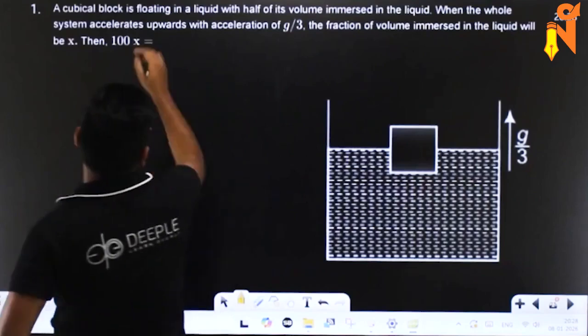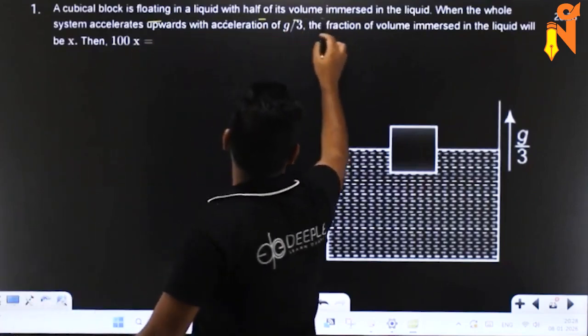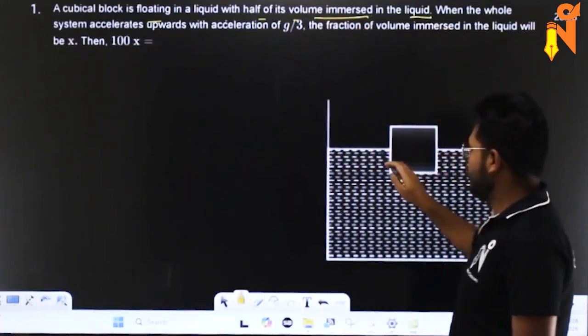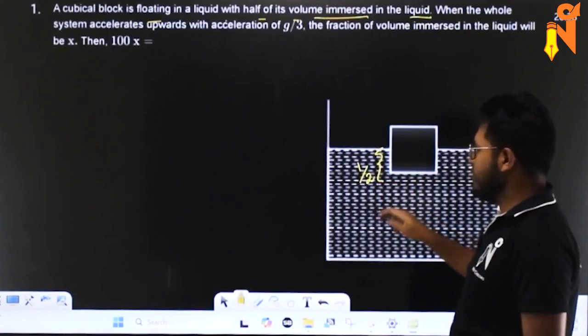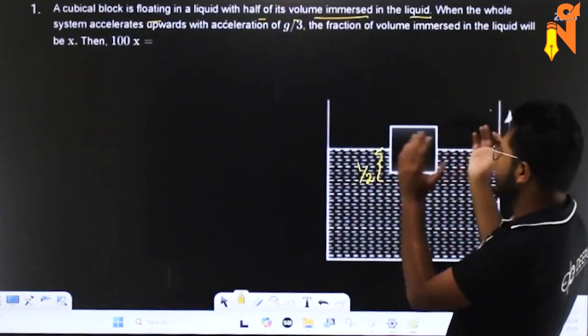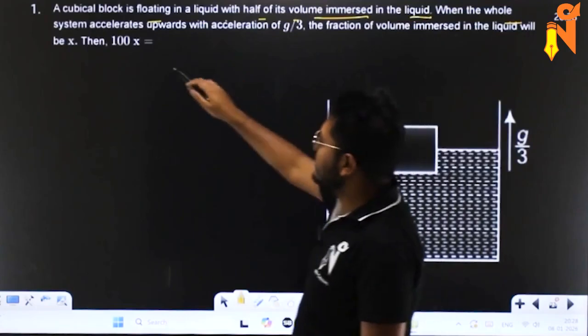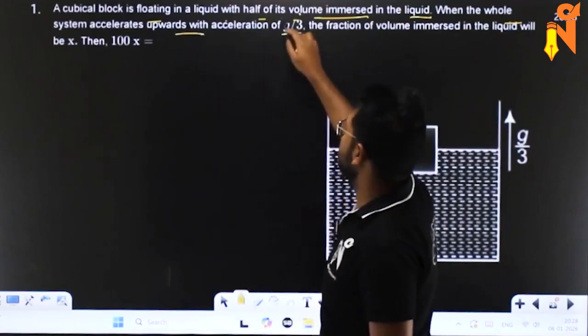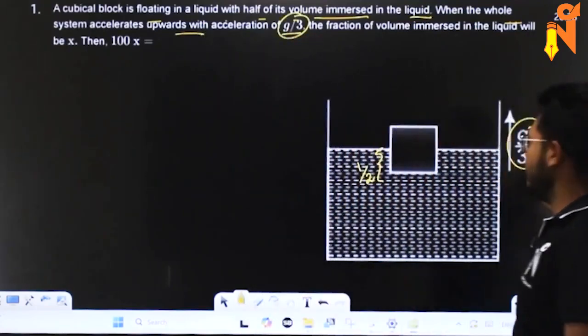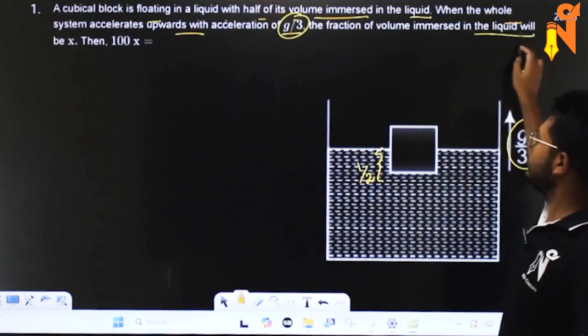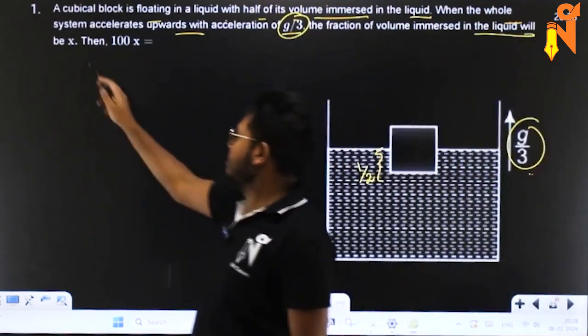A cubical block is floating in a liquid with half of its volume immersed in the liquid. So half of the height is immersed if I assume the area to be uniform. When the whole system accelerates upward with an acceleration of g by 3, the fraction of the volume immersed in the liquid will be x.